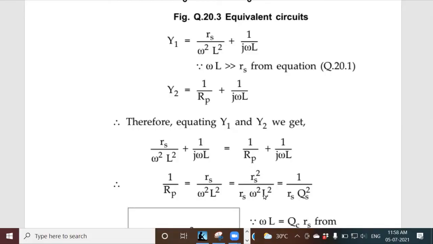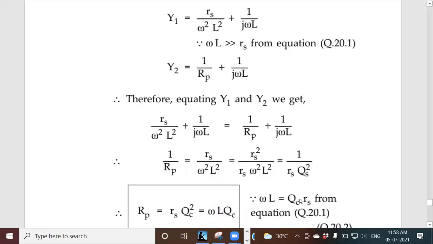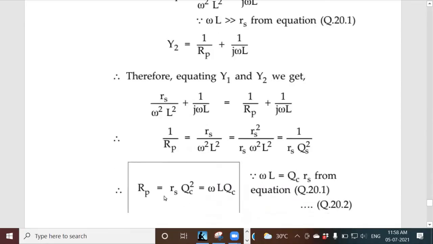So omega square L square by Rs square will be Qs square, and since it is in the denominator, Q will also come in the denominator. Replacing omega square L square by Rs square with Qs square, we now get 1 by Rp is this. So Rp is nothing but the series resistance multiplied by the square of the series quality factor, Rs into Qs square.